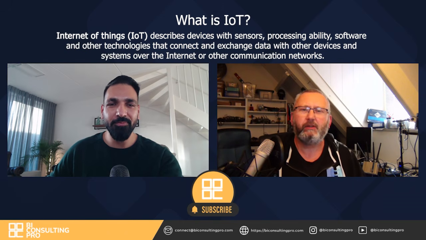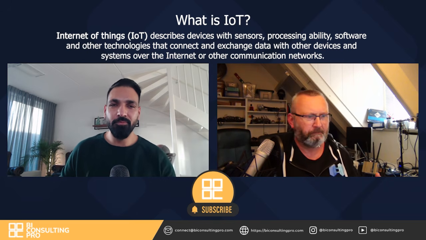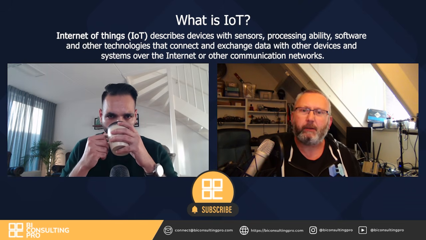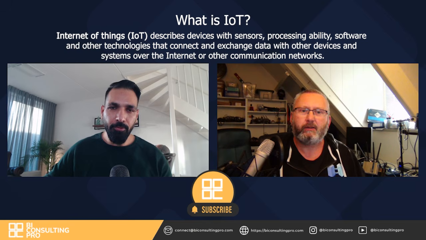It's mostly used for getting data from devices or machines or vehicles or persons maybe or buildings, picking up that data and sending it to the cloud to add value. It's all about the data that we get. We want to have insights. For that, we need data. And how do you get the data? For that, we need IoT.